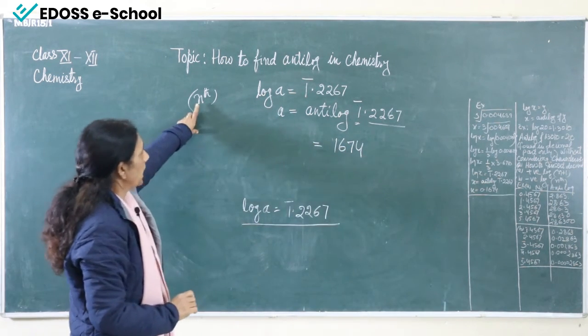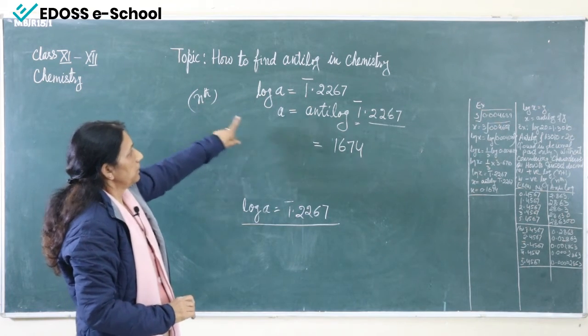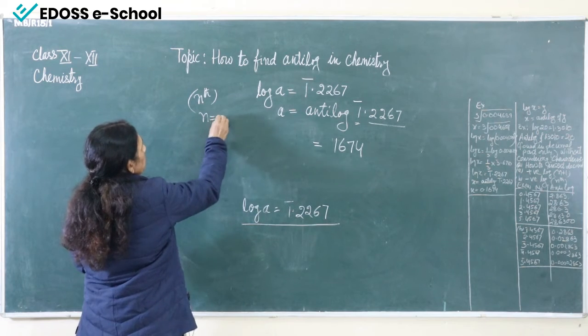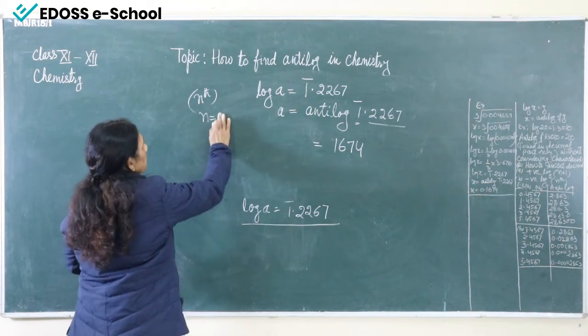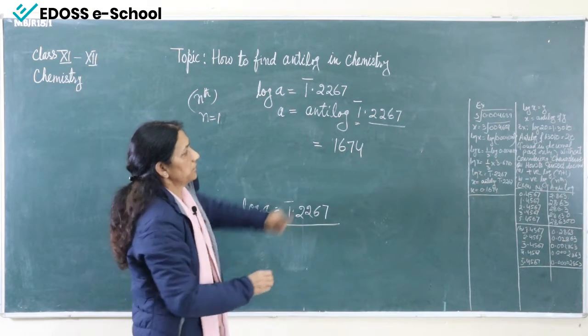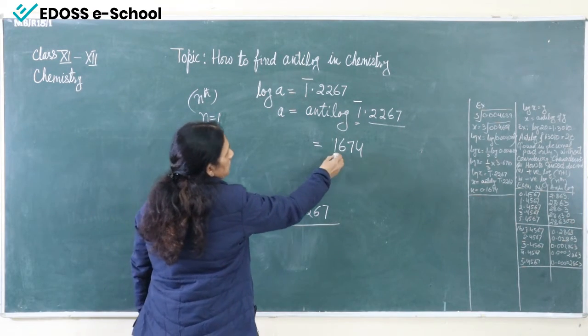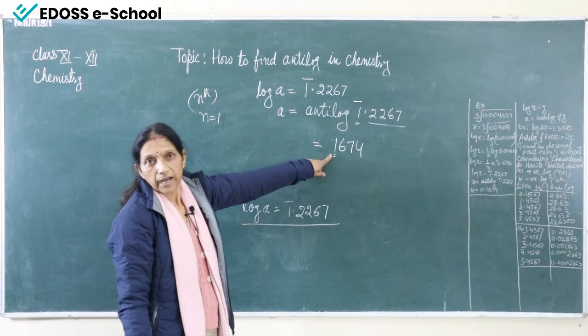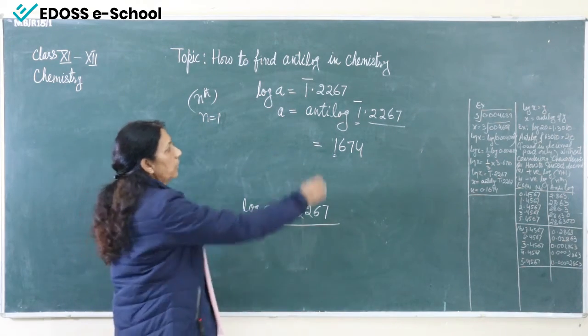Okay. Now, I have to insert the decimal. Now, see, the number is negative. That means n is equal to 1. If n is equal to 1, that means I have to insert decimal, so that this first significant figure should come at first place. So, how I will do it?